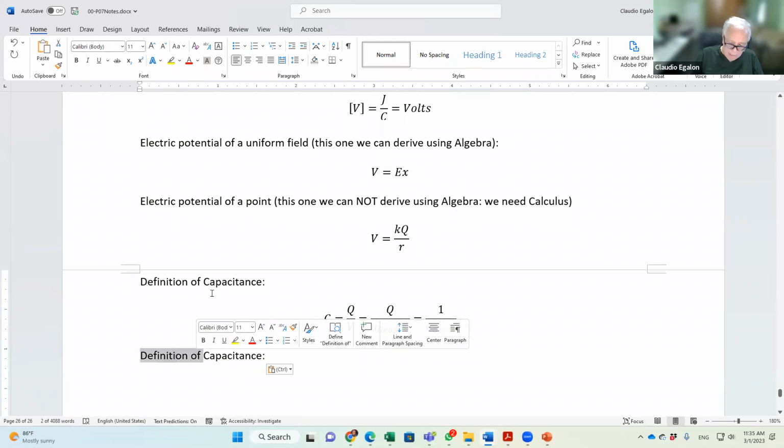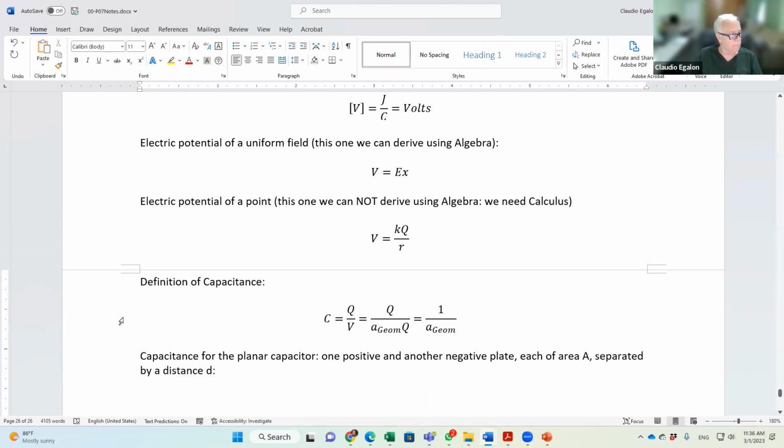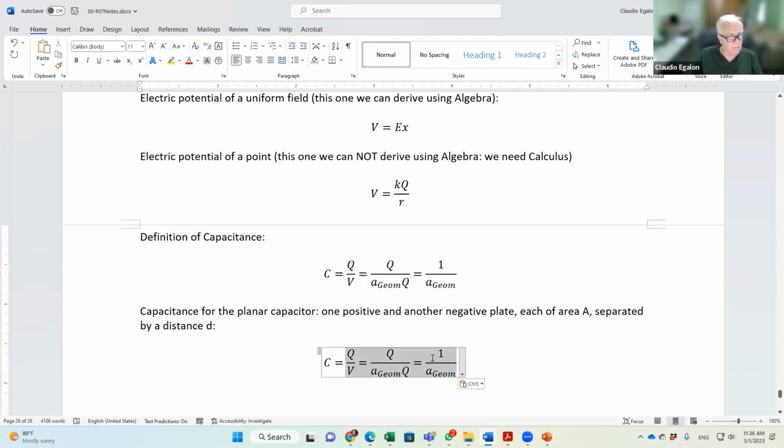Okay, capacitance for the planar capacitor: one positive and another negative plate, each of area A, separated by a distance D. So we derived that.